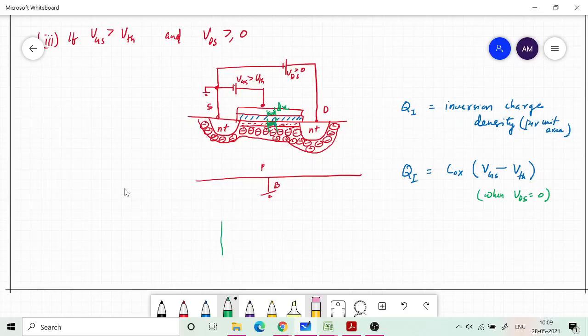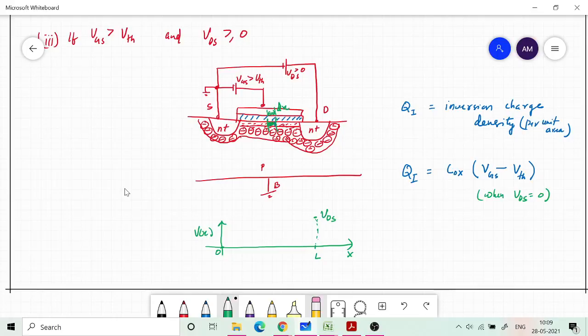So this is the source side, this is my x direction, the length of the channel, and I am plotting the voltage as a function of x along the channel. What is the potential? On the left side we have 0 because it is grounded. On the right side, at L, I have VD. So this is my VDS.